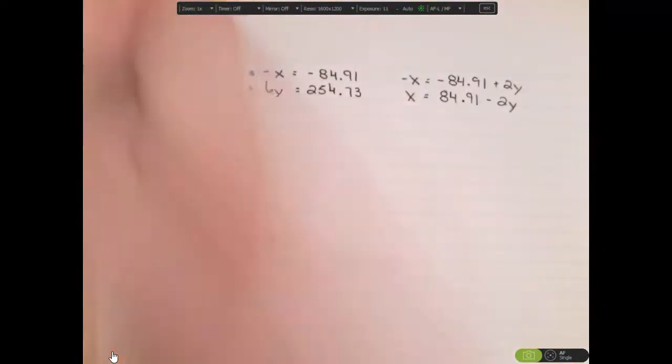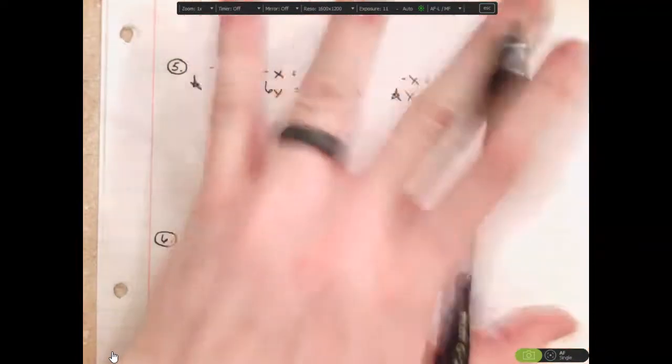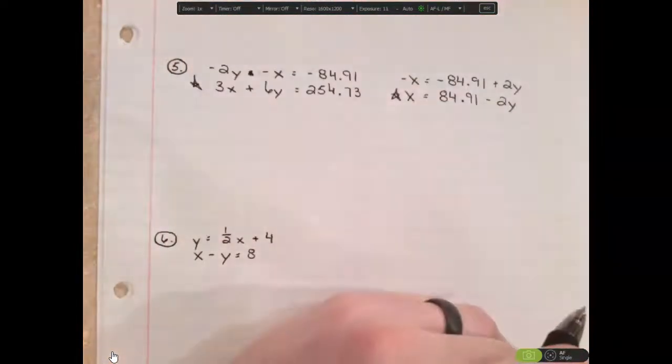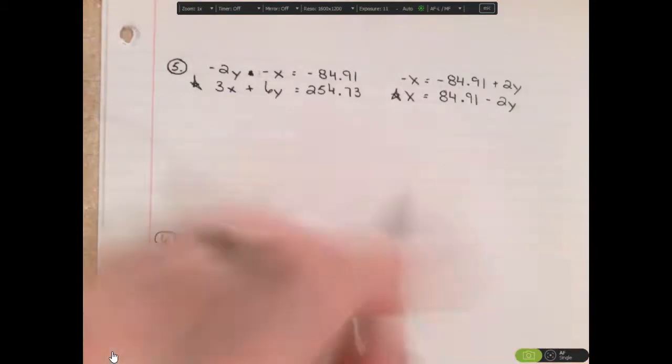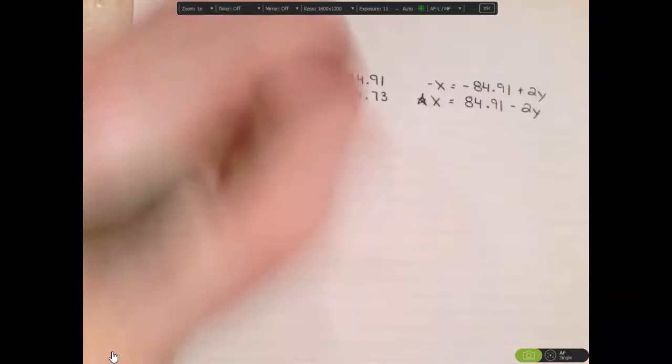Alright, so this, and I'm going to star them because we've got a couple equations up here. Those are the two equations that we're working with. Guys, I can't stress enough how important it is to keep your work organized and neat when we're doing substitution. I can now substitute in for x. So let's substitute in.